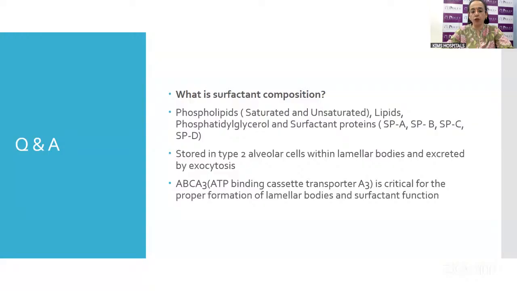ABCA3 is the short form for ATP binding cassette transporter A3, and it is critical for the proper formation of the lamellar bodies and the surfactant function. So any gene mutation of the same can lead to surfactant deficiency, which can be suspected in babies who are difficult to wean out of respiratory support and having an RDS-like picture.